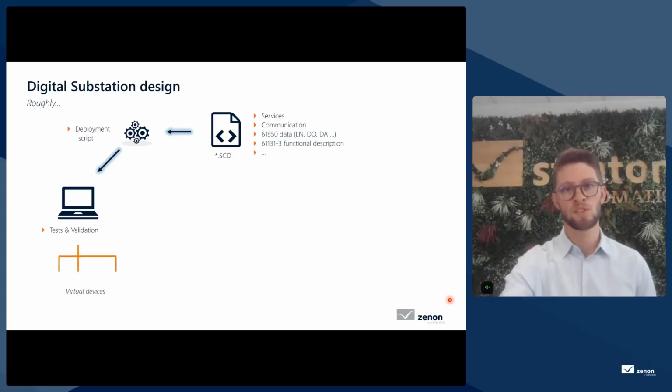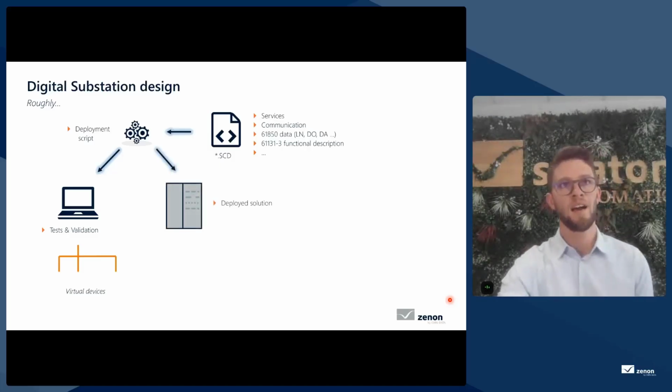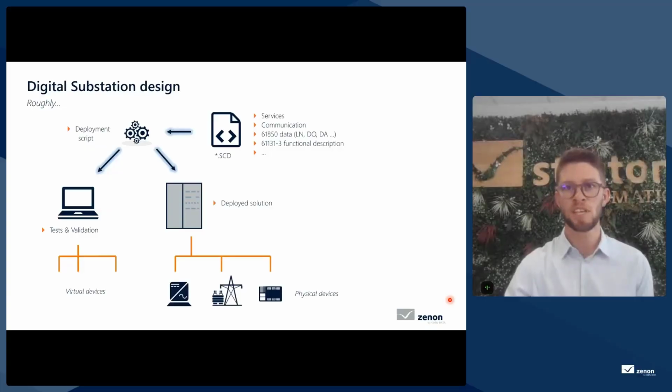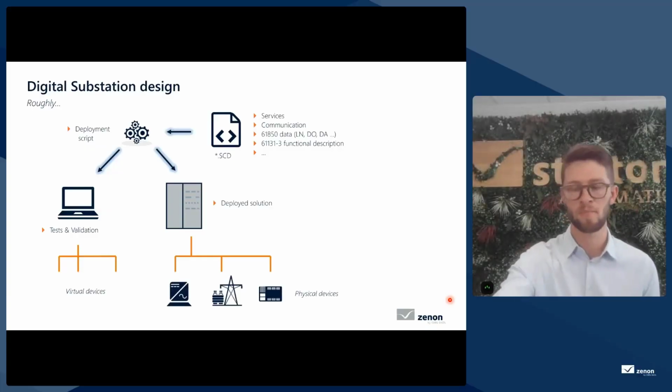This platform can communicate with virtual devices to simulate and test that everything runs as expected. I mean, all the functional logic, like if this and this condition is reached, is this command sent correctly? And once everything runs well, we can deploy the solution.